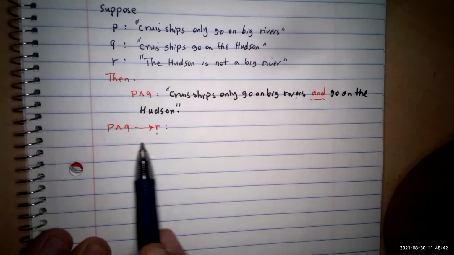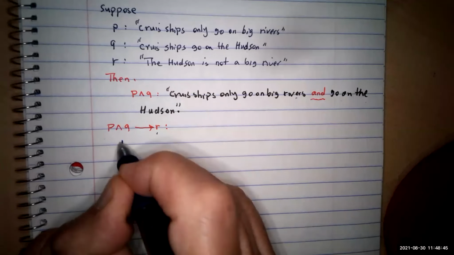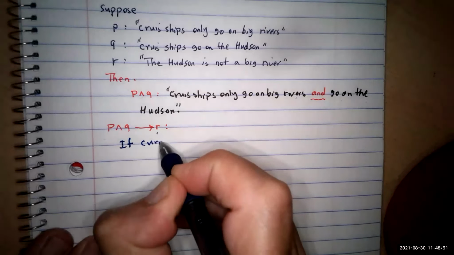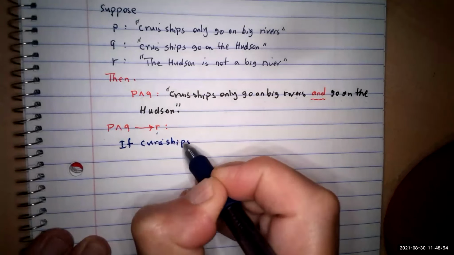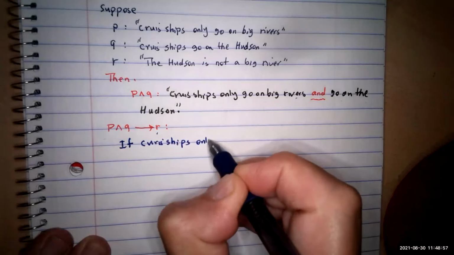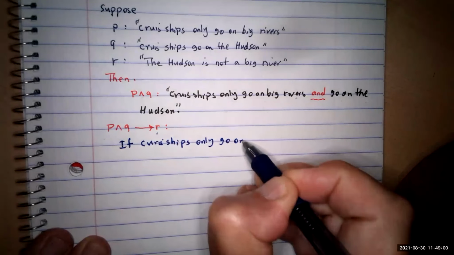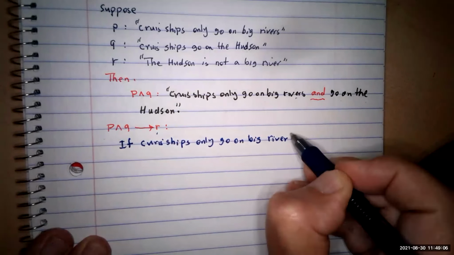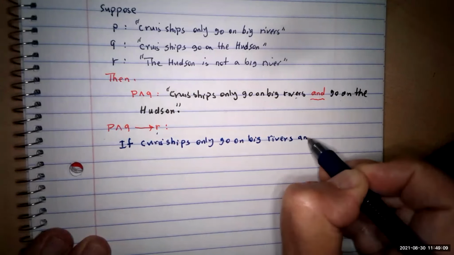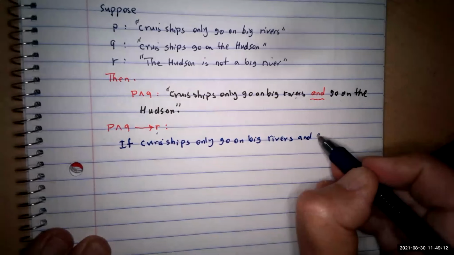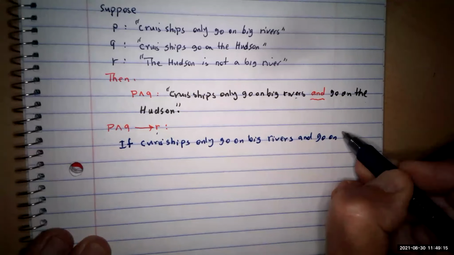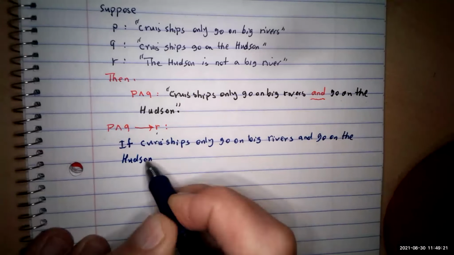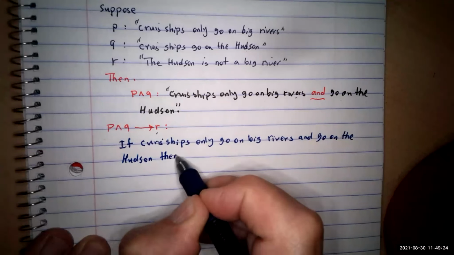Since it's an implication, you have to start with the if. So if, you bring the first part. The first part is: if cruise ships only go on big rivers and go on the Hudson, then the second one.